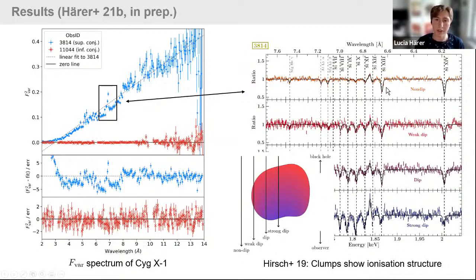From this study, they deduced that for the deepest dipping stages, the ionization is lower than in the non-dip spectrum, which means that the clumps have an ionization structure.